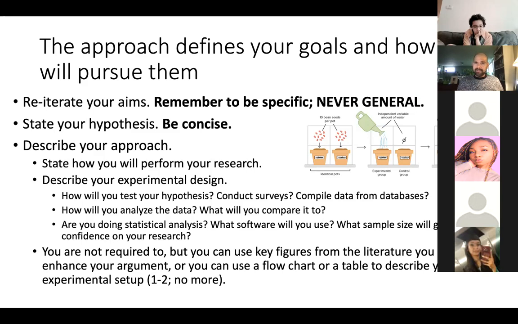So going back to our example, if I'm interested in knowing the differences in experiences between first gen students from the general population versus the ones who come from immigrant backgrounds, then I would have to say that that's what I'm interested in, and that I'm gonna do it by conducting a survey of 100 students.